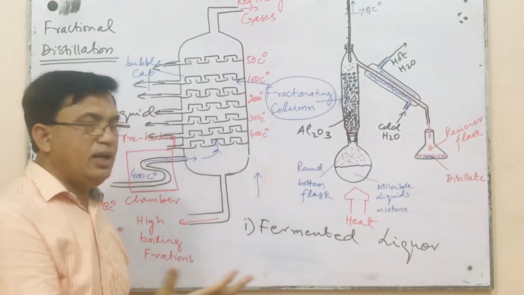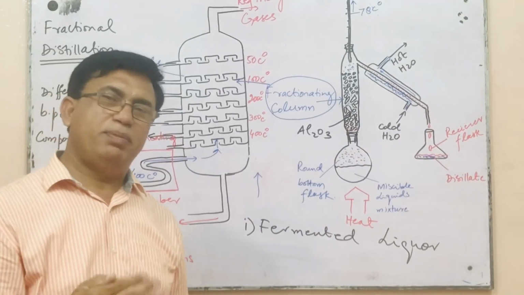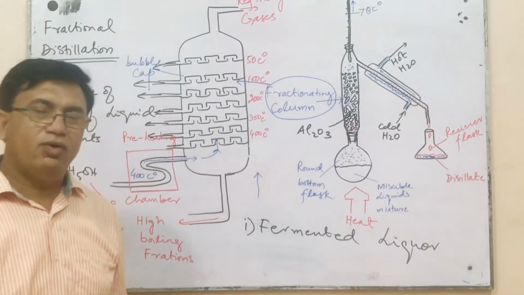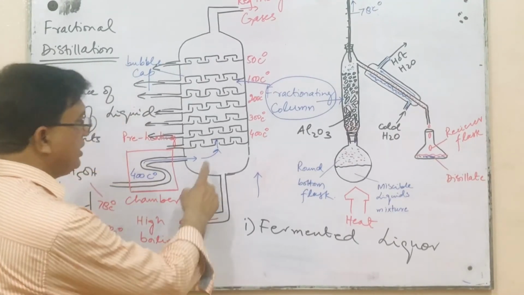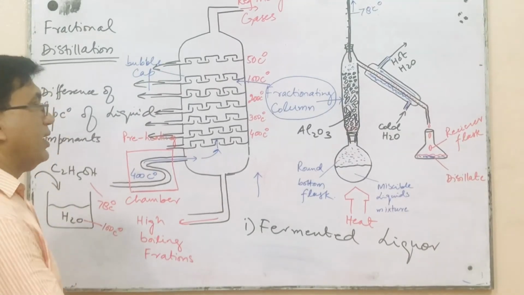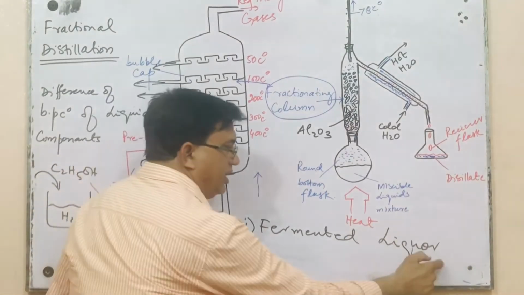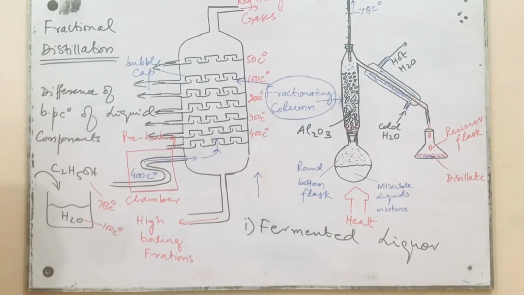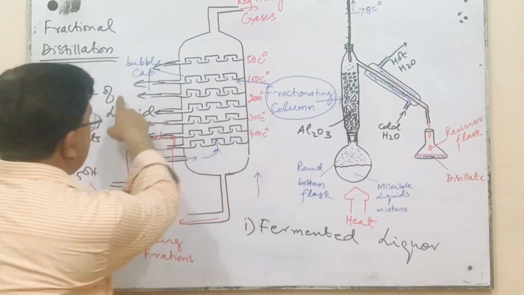What is fermented liquor? That liquid in which fermentation has taken place and the glucose present in it is already converted by yeast into alcohol. Now, by using this fractional distillation, we get alcohol out of the fermented liquor, and we can easily distill out the alcohol from fermented liquor using this technique.